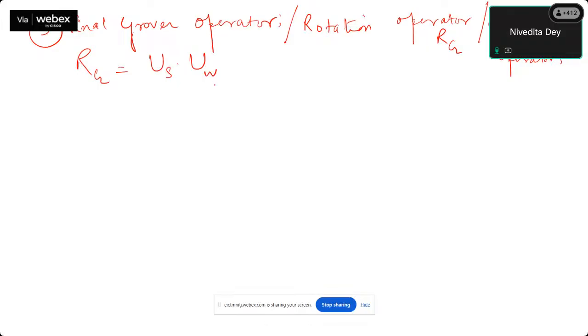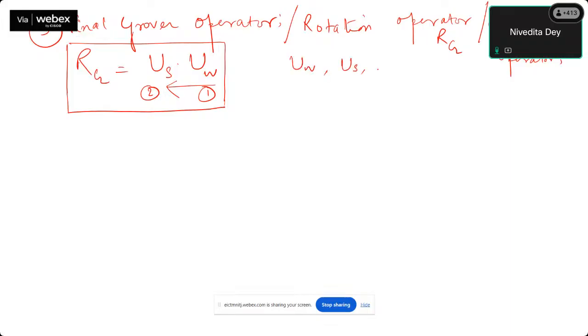The precedence is from right to left, because this is an operator, so it will be applied on some state. This is first, this is the second one, and this total sequence is known as the Grover rotation operator. All of them together, their application, is known as Grover's algorithm.